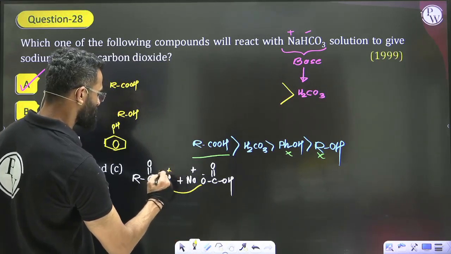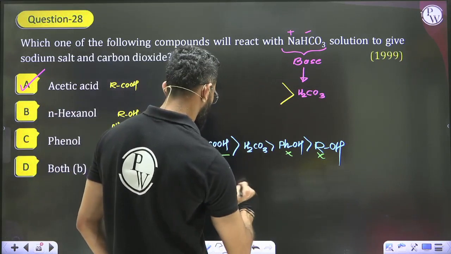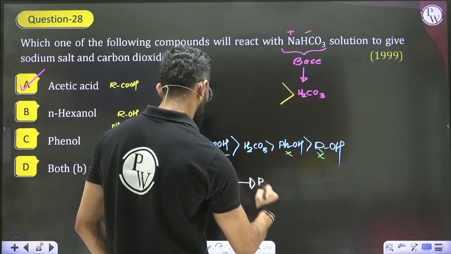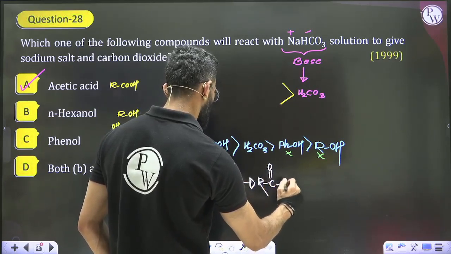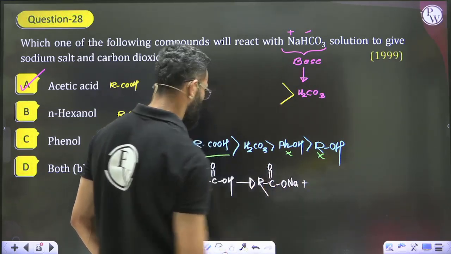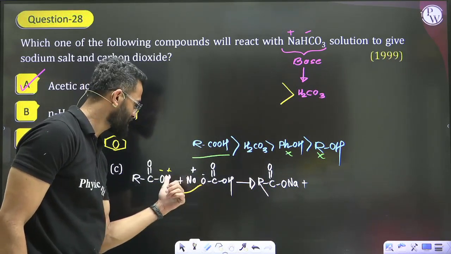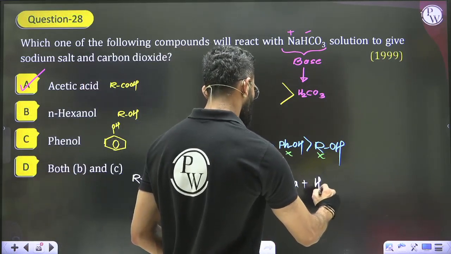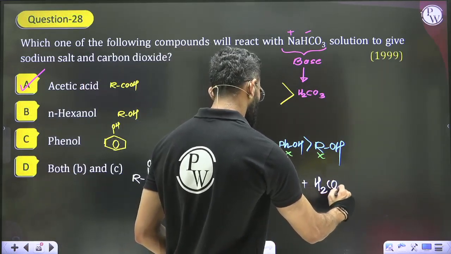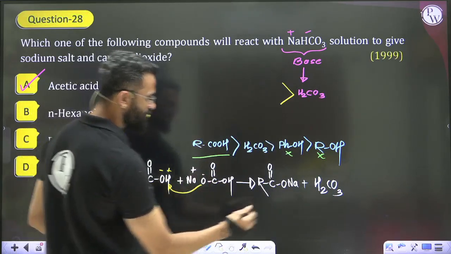Upon loss of H plus, this carboxylate ion will be balanced by Na plus. So we will be getting RCOO minus Na plus. Now when H plus is accepted by this O minus, it will give you H2CO3, carbonic acid.